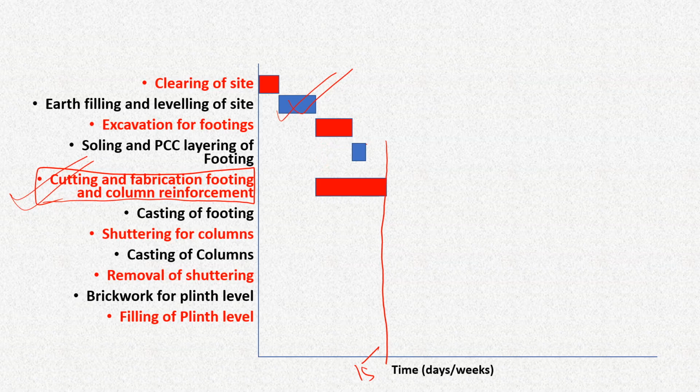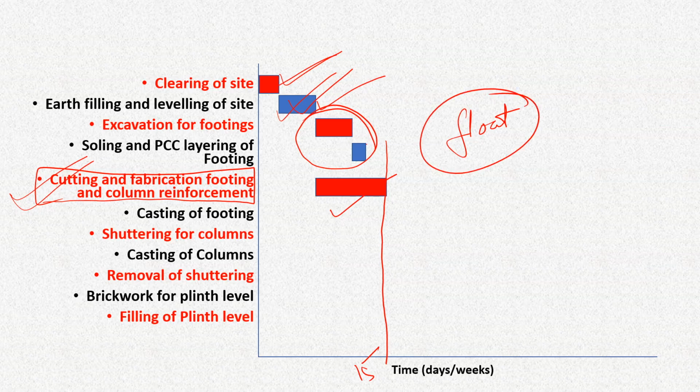So that means the total duration of the project will depend on this activity, that is clearing of site, earth filling, and fabrication of reinforcements. And these two activities in between can have a little bit of floating room, and technically that is called float. We'll learn about it later on.